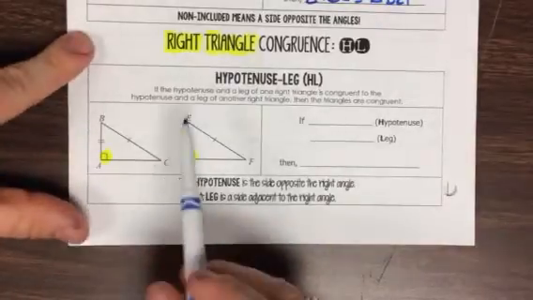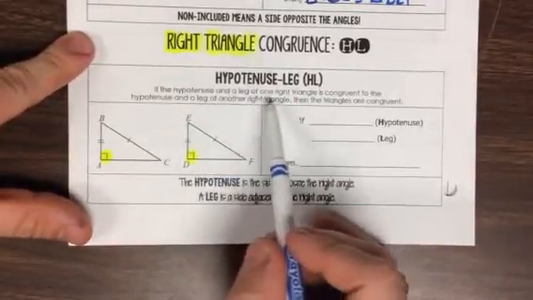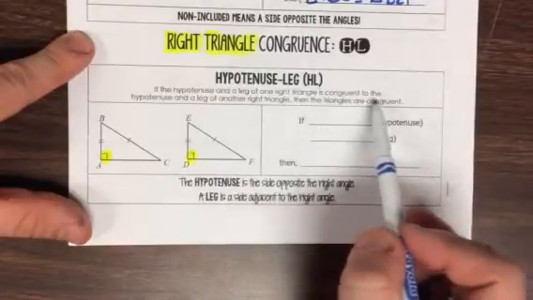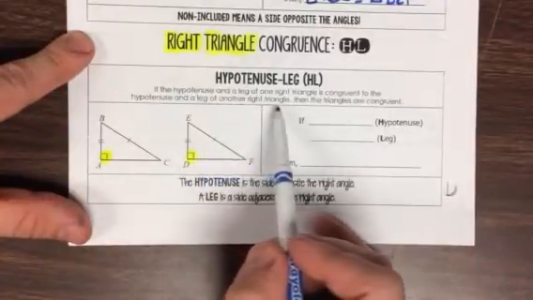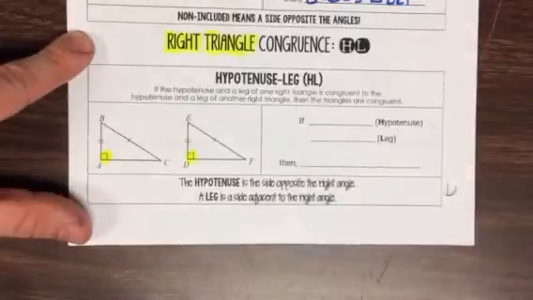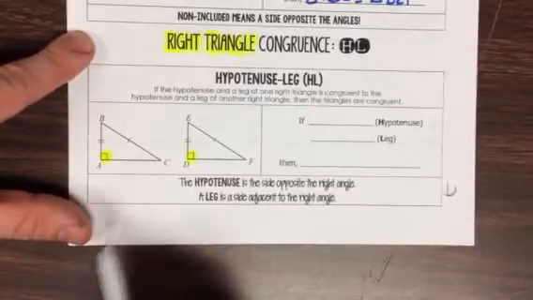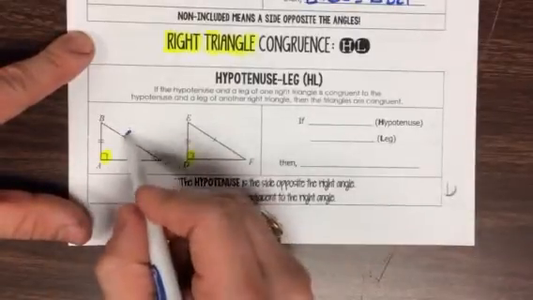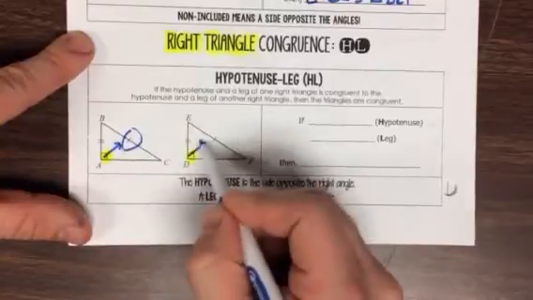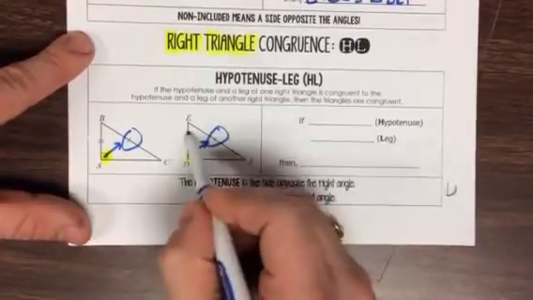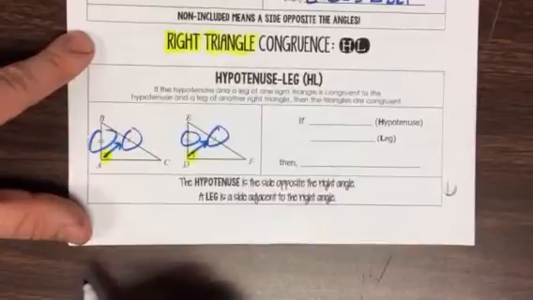So looking below, if the hypotenuse and a leg of one right triangle are congruent to the hypotenuse and leg of another right triangle, then the triangles are congruent. Right here we have the hypotenuse, which is always across from my 90, congruent, and one of the legs congruent.